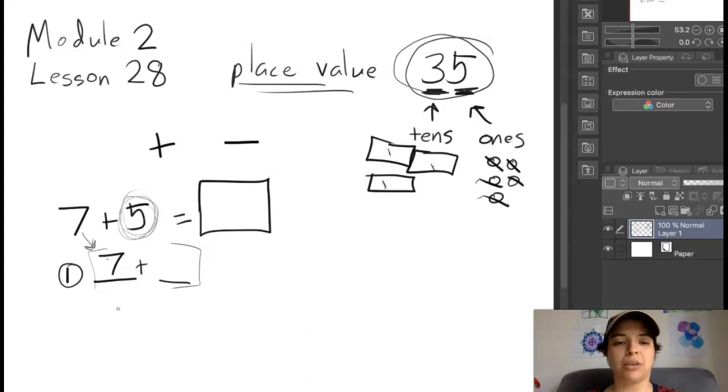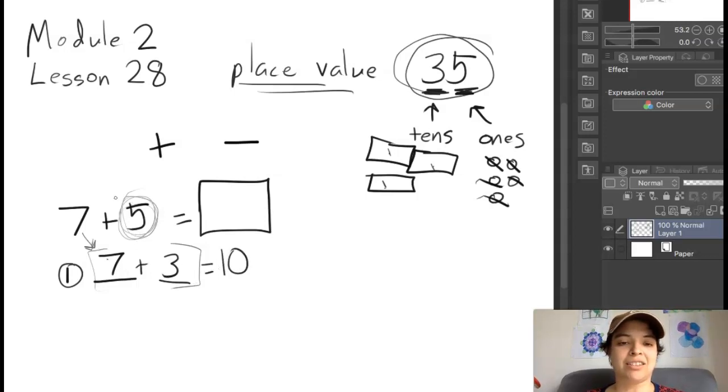So let's do that really quick. So you're going to grab 7 and we're going to count on, okay? I'll do it with you. 7, 8, 9, 10. Look at that. 1, 2, 3 fingers are up. So that means 7 and 3 would make 10, okay?